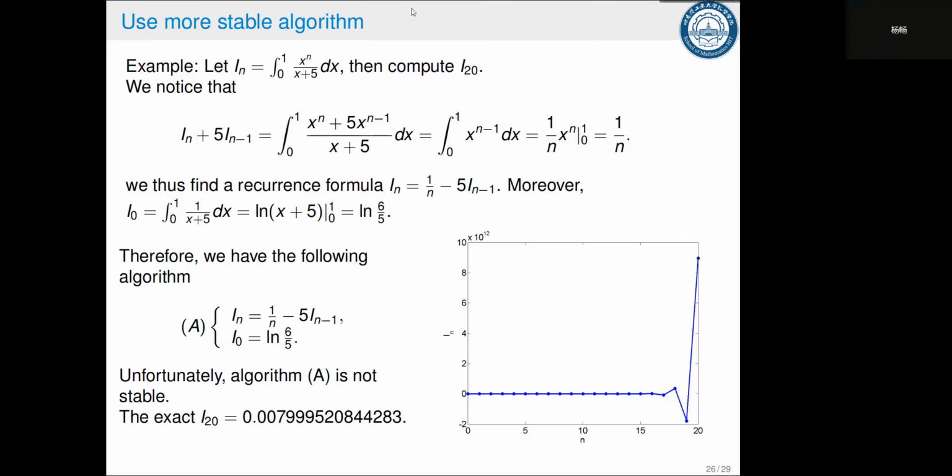In principle, the reason is that the very small error in the initial data will accumulate and be amplified along the calculation. That's why finally you get a very large error.